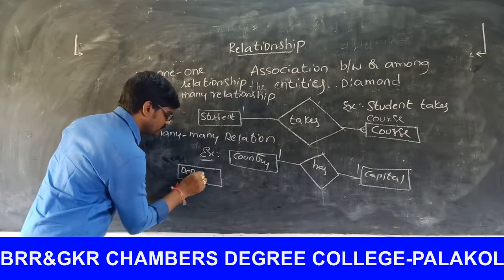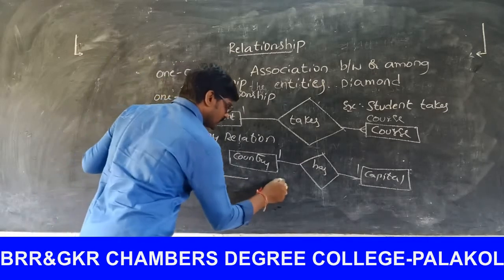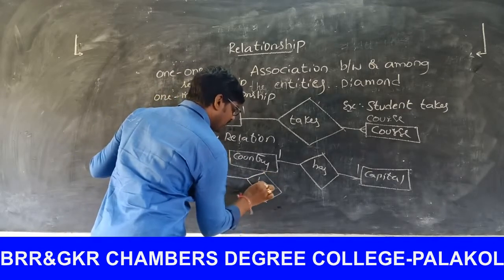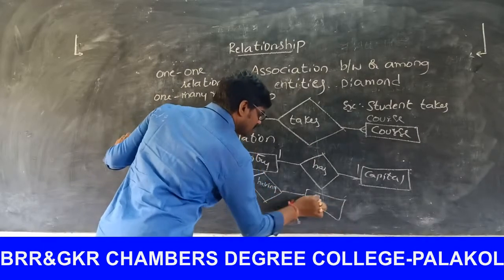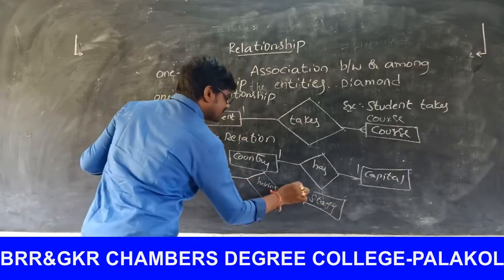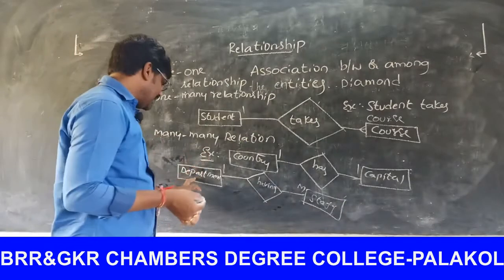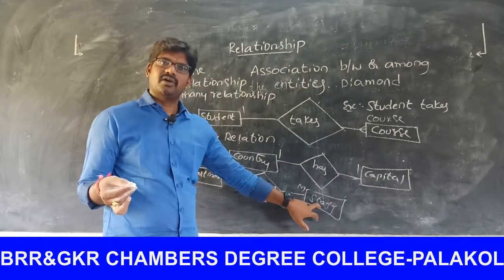For example, department having staff. Each department has a number of staff members. So one department has a number of staff members.